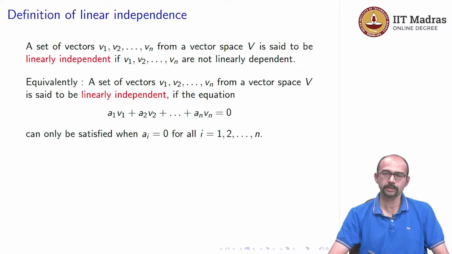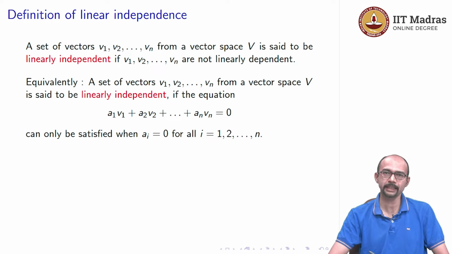The equivalent formulation is that a set of vectors v1, v2, ..., vn from a vector space V is said to be linearly independent if the equation a1 v1 plus a2 v2 plus ... plus an vn equals 0 can only be satisfied when all a_i are 0. Going back to dependence, dependence said there are some scalars a1, a2, ..., an, not all of which are 0, so that when you take this sum you get 0.